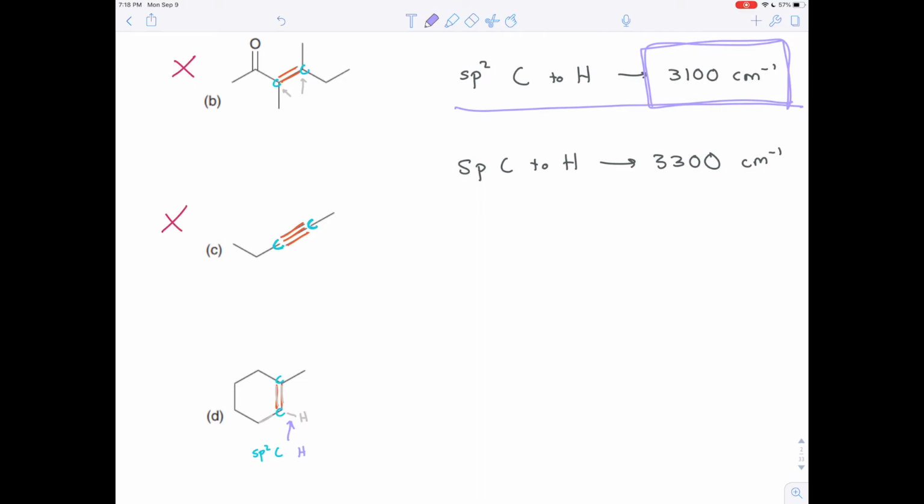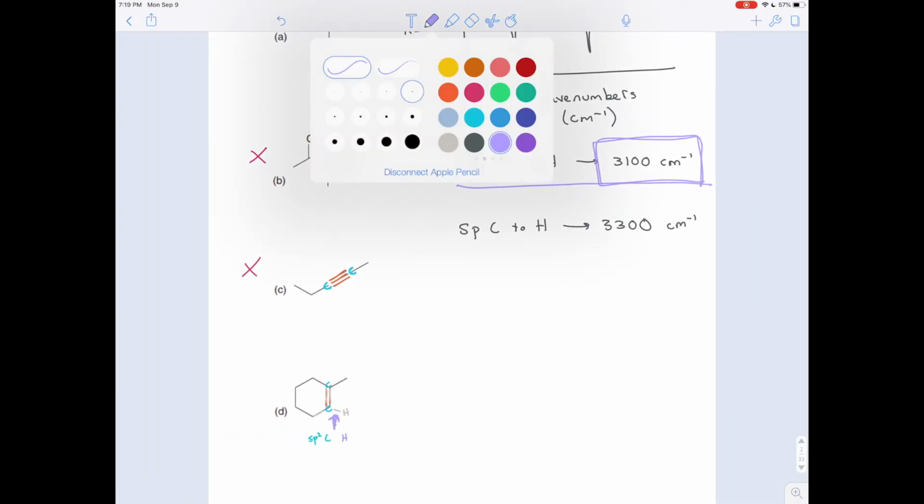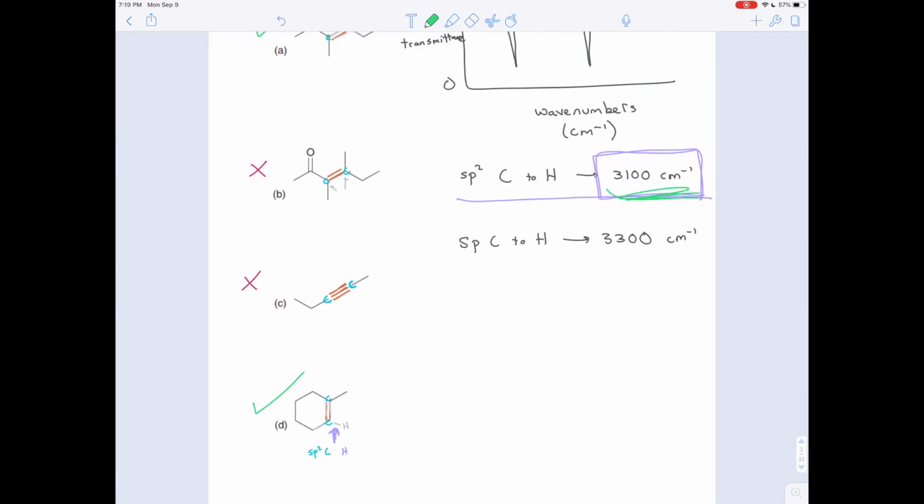A wave with that related frequency will make this bond here vibrate in its next quantum way. It's just the right energy to make that vibrate in its next quantum way, and so that bond will absorb it. So this molecule will have an absorption just to the left of 3000.